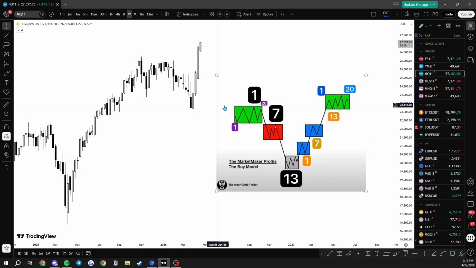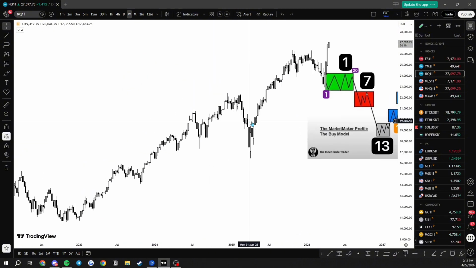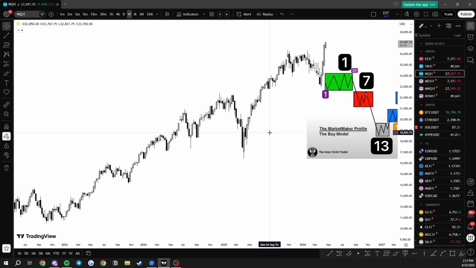So a long time ago, back around here, I made a post foreshadowing that I think this is accumulation, this is manipulation, this is distribution.